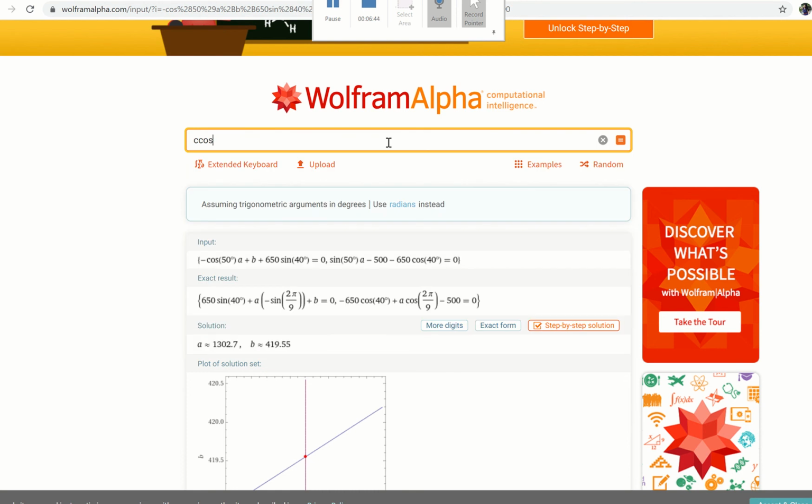C times cosine 30 degrees, then plus 0, get rid of that, minus sine 2 degrees times B, that equals 0. Separated by a comma, the second equation is going to be negative sine 30 times C minus 3,500, then plus cosine 2 degrees times B, that equals 0.